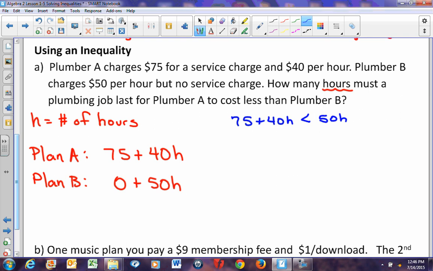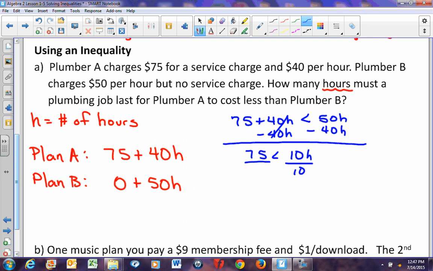Now let's solve this inequality. I'm going to subtract 40H. So I now have 75 is less than 10H, divided by 10. 7.5 is less than H, or H is greater than 7.5, so it's a lot easier to read with the variable coming first. Notice if my variable comes first, it points for the 7.5. So in order for plumber A to cost less than plumber B, the job has to take more than 7.5 hours.